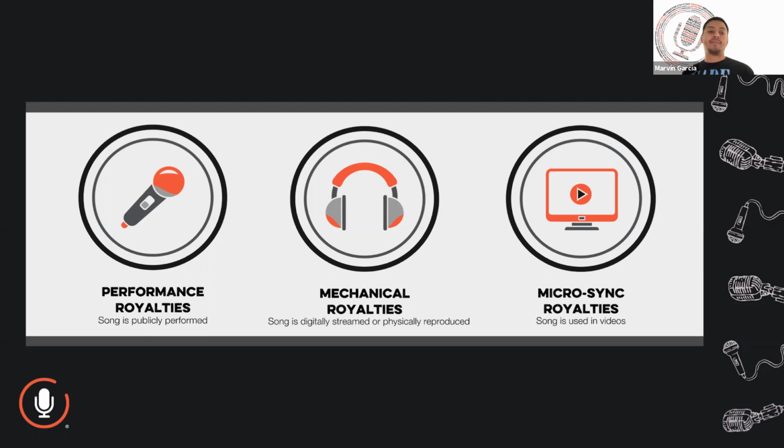On top of that, a lot of people do ask us about micro sync royalties. Music on platforms such as YouTube and TikTok will generate royalties, which are your micro sync royalties, and these also break down into both performance and mechanical royalties.